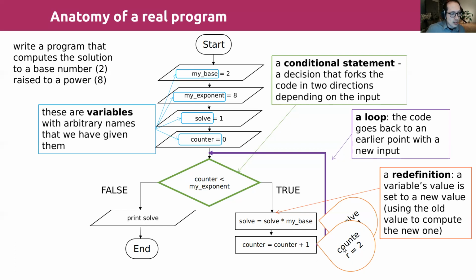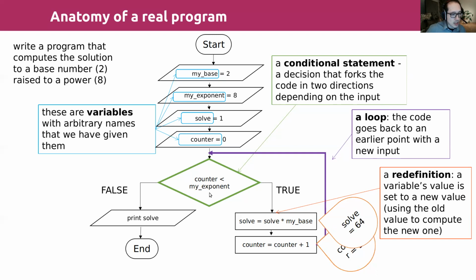And now it's 2 instead of 1. And now we go back to the beginning of the loop, check the condition again. Counter is 2. It's still less than my exponent. So we go through the loop again. And now solve is equal to 8. Counter goes up to 3. Back through the loop. Solve equals 16. Counter is 4. And so on.